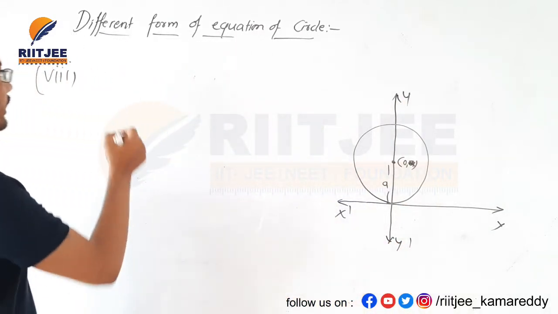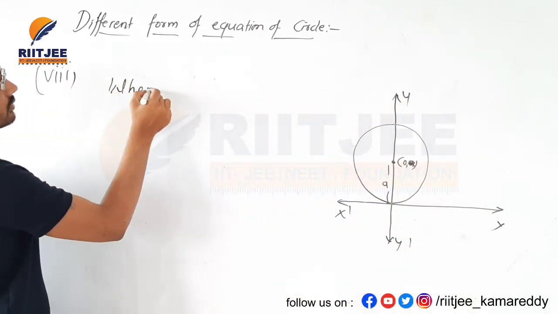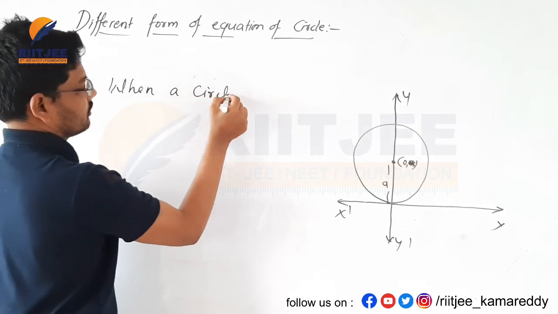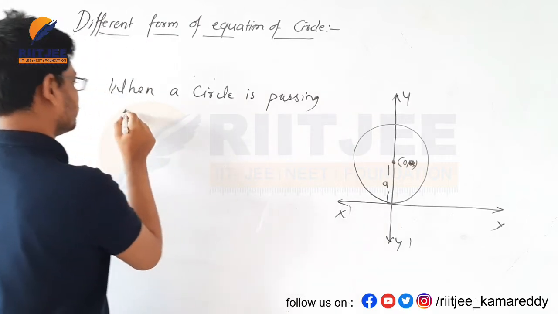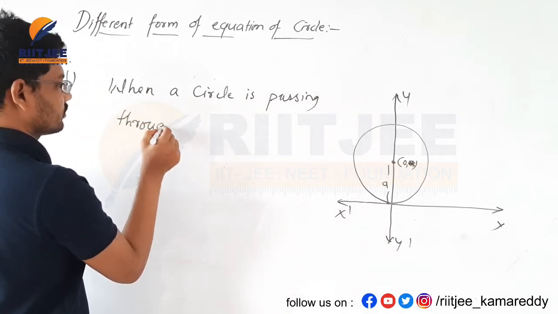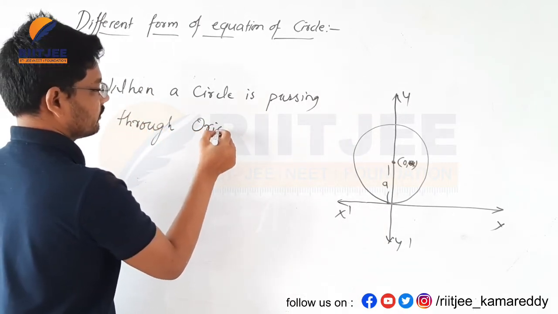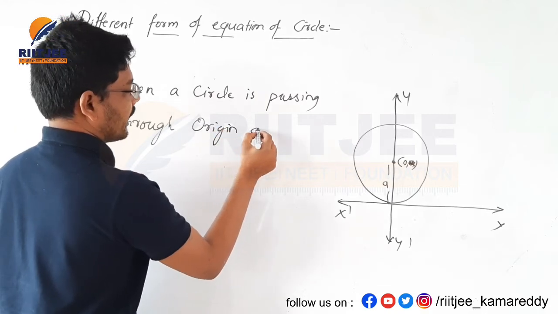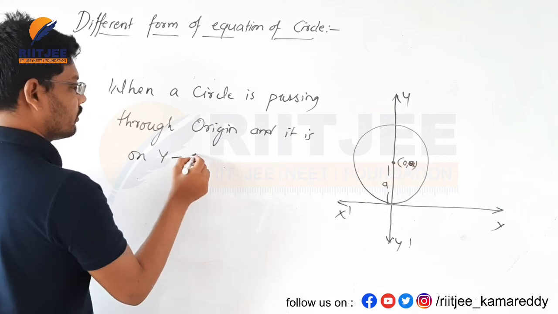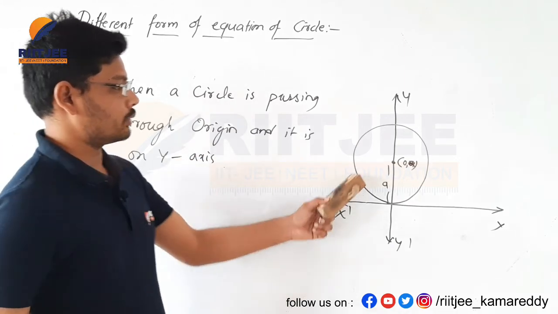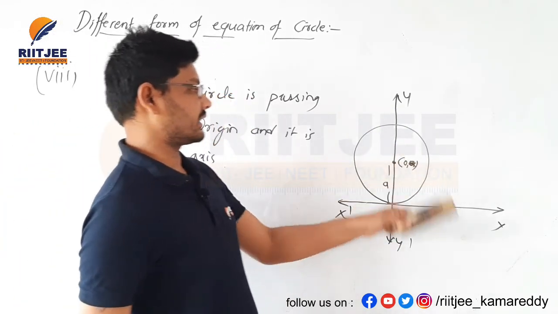When a circle is passing through origin and it is on the y axis here.